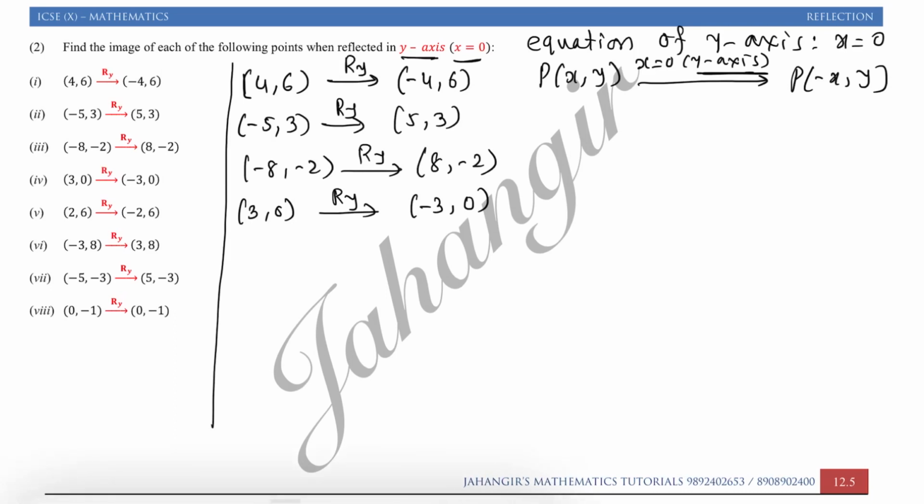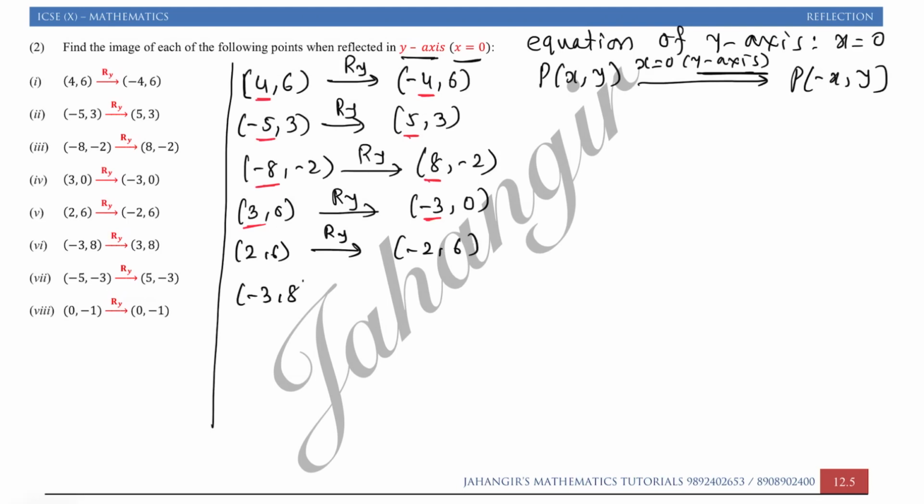Everywhere in this example you have just noticed we changed the x coordinate. Why are we changing the x coordinate? Because it is a reflection in the y-axis. See, everywhere the y coordinate is the same. Now (2, 6) on reflecting in the y-axis gives (minus 2, 6).